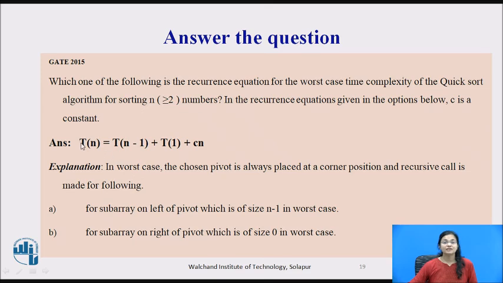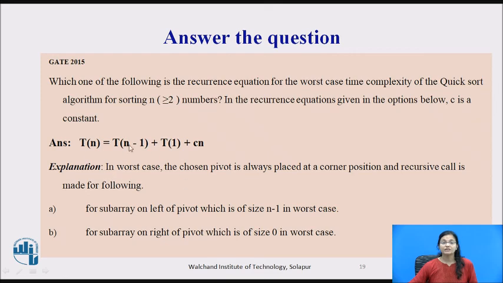So the answer here is T(n minus 1) plus T(1) plus Cn. Why is it so? Cn is the total number of the array. As we discussed for the worst case, if it is unbalanced, on one side it is only a single number and on the other side it will be n minus 1. Meaning if we have 6 numbers, on the right side it will be one number and on the left side it will be 5 numbers.